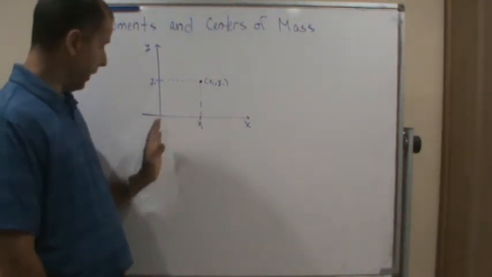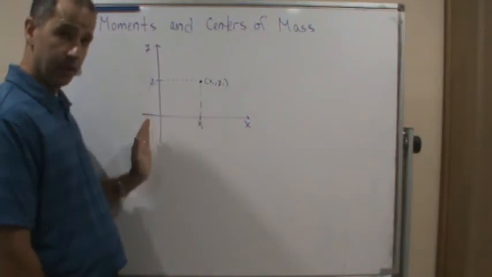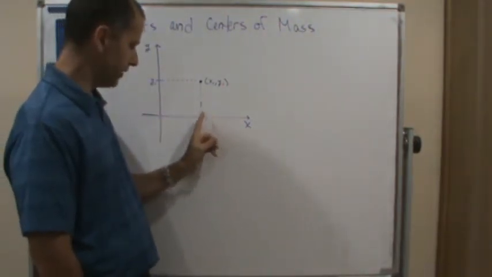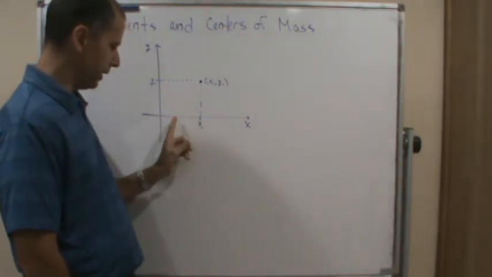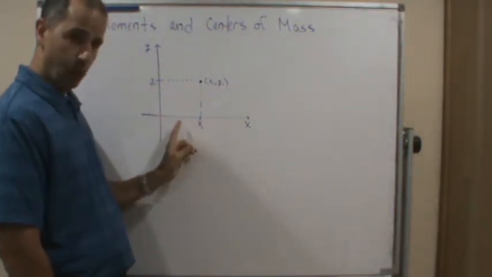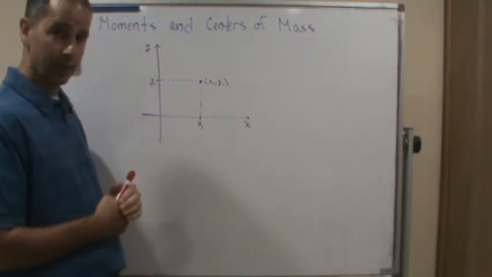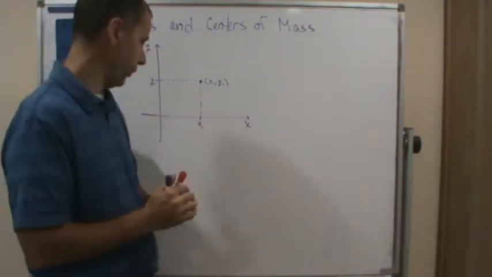Well, now we're going to add another dimension to it. We're adding the y direction. So now we're not putting point masses on the number line on the x-axis where y would always be 0. Now y is going to be something other than 0. So I'm kind of building this up for you.